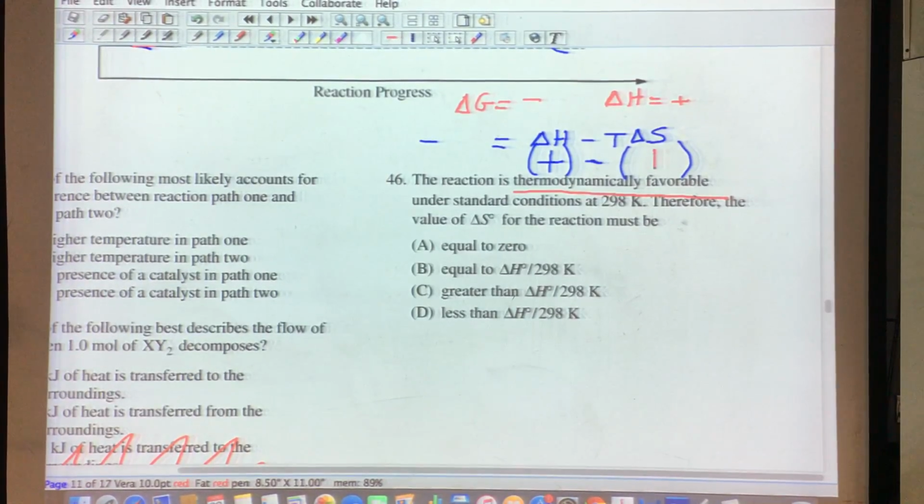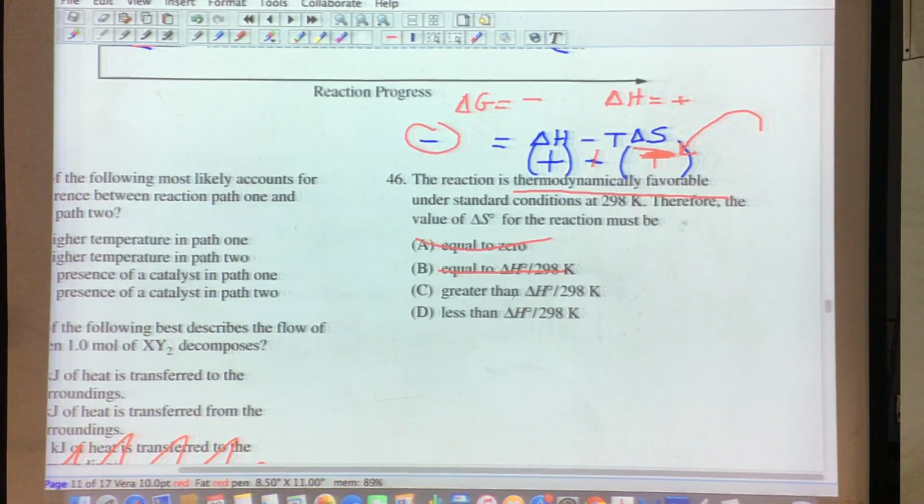Why? Because by putting a positive here, and I do plus a negative, this must be positive enough, and because of the negative sign, it makes this negative enough to overcome this positive delta H to make this negative. So it can't be equal to 0. It can't be equal to delta H, because that would be 0.